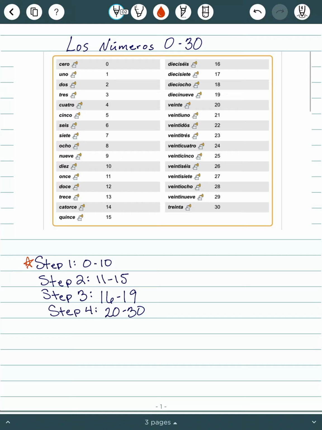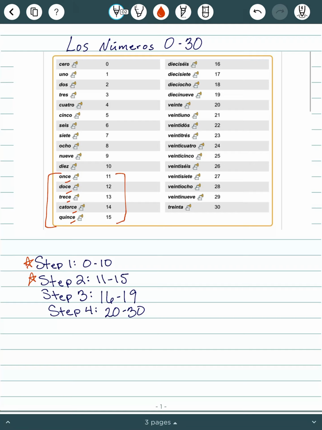Now step number 2, that is 11 through 15. And this is where we actually start seeing a pattern. 11, 12, 13, 14, 15. So they all end in ce, and that's your hint that it's that group of numbers there. And these are mostly easy to recognize.